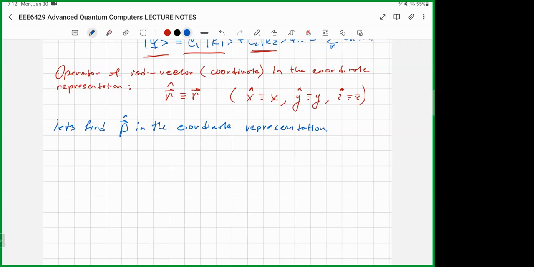So, the important point to understand is that any generic quantum system can be described in any representation. It can be energy representation, coordinate representation, momentum representation, and these representations are basically equivalent. The answer we get is completely the same.